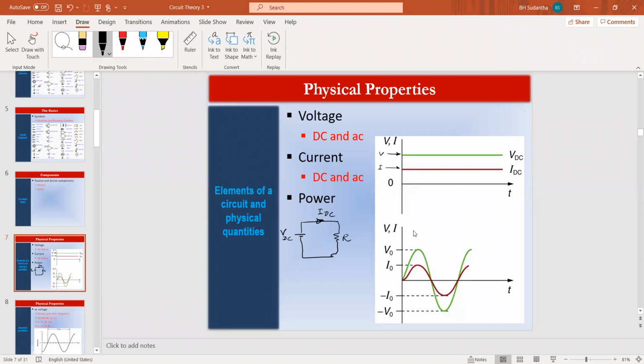You can see that the voltage is a constant line and current is a constant line. But when you have the same type of circuit, but your voltage source is AC voltage.